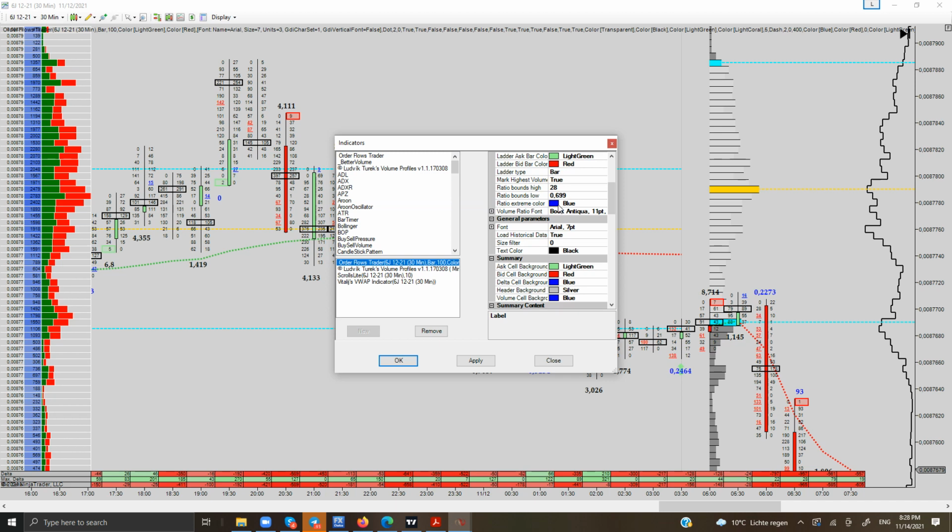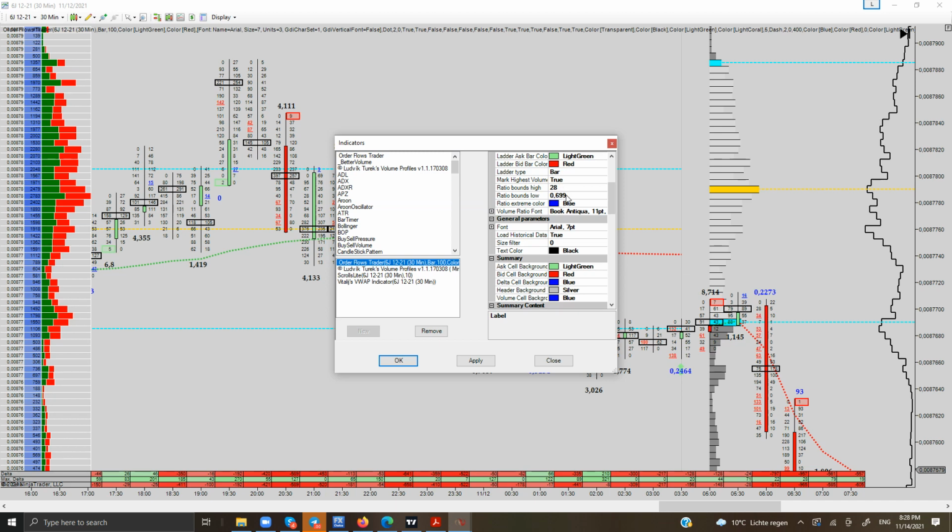That means that when the ratio bounds high is 28 or higher than 28, then the color will be printed as blue, and when the ratio bounds low is less than 0.699, then the color will also be printed as blue.